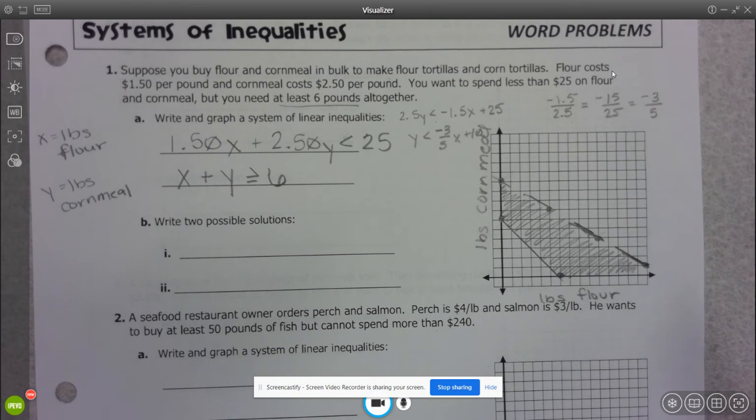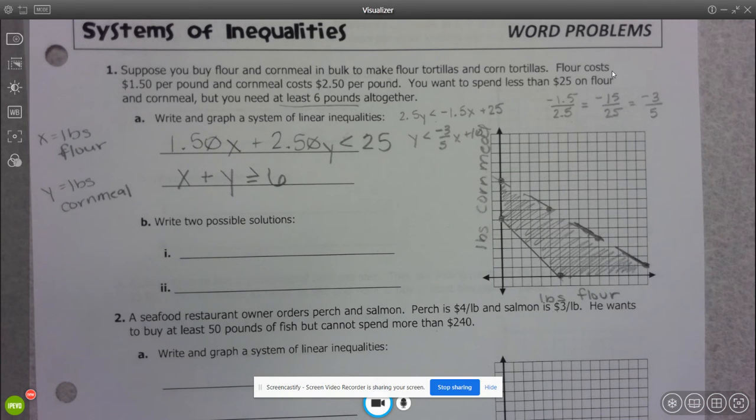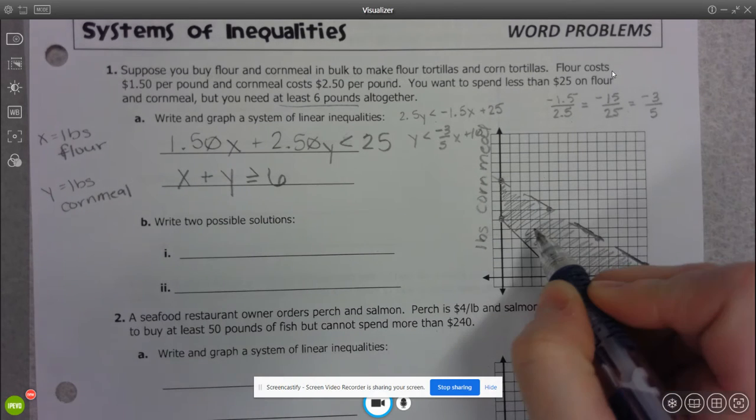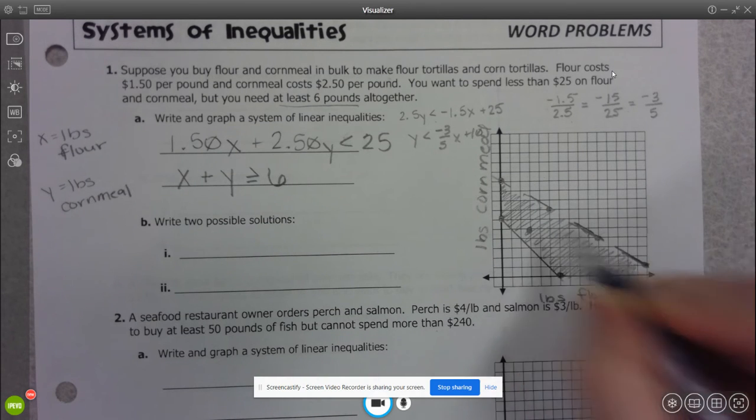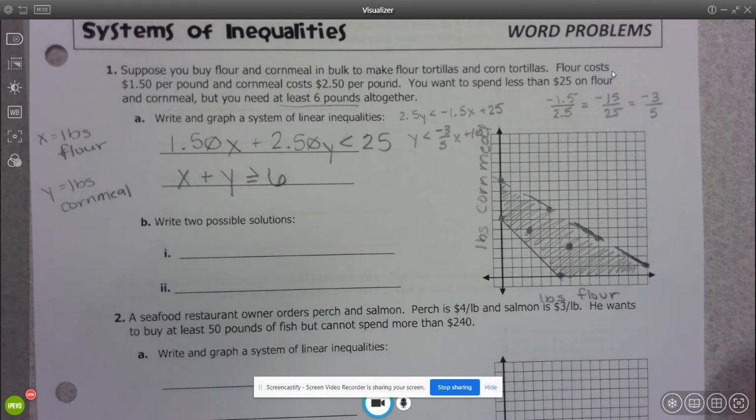Now, when I go to list 2 possible solutions, there's a slew of different answers we could have because it's all of these coordinate points in between. So I'm just going to pick 2, and I'm just going to say those are my solutions. I'm going to pick this one right here, and I'm going to pick that one right there, just because.